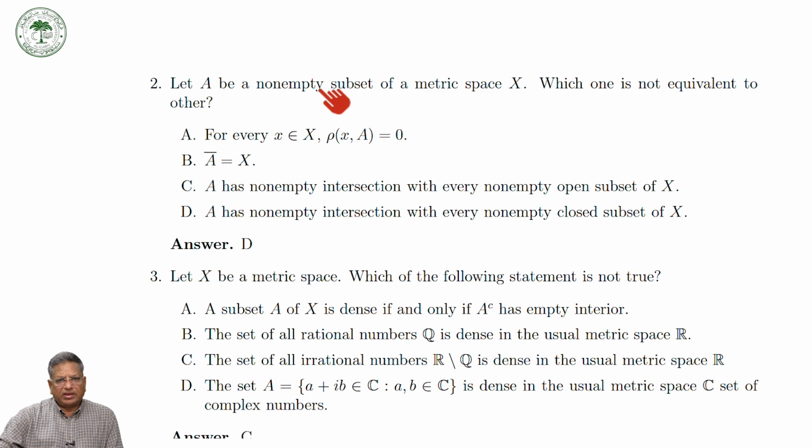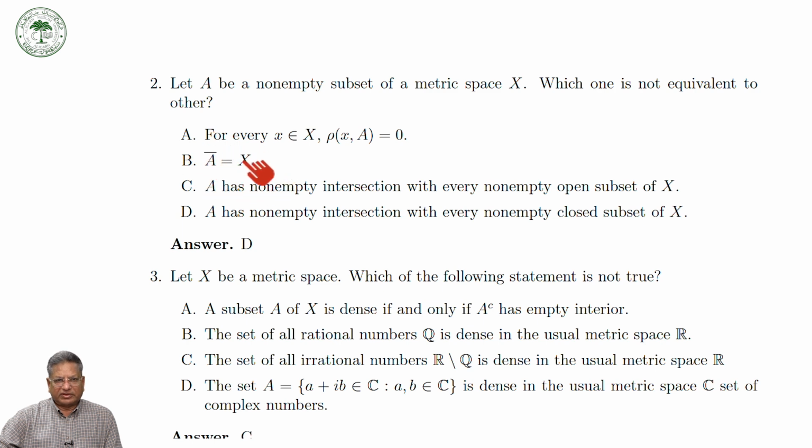So let A be a non-empty subset of X. Which one is not equivalent to the others? Very important. The others are equivalent, each one implies the other. Now, we have seen that A is dense if the closure of A is equal to X. This is the definition.